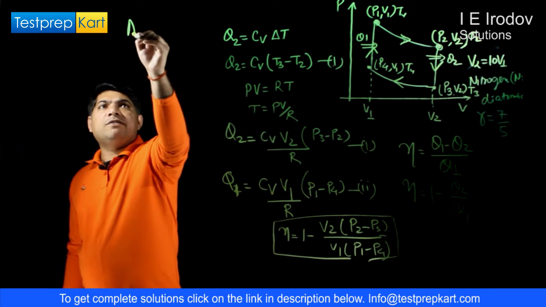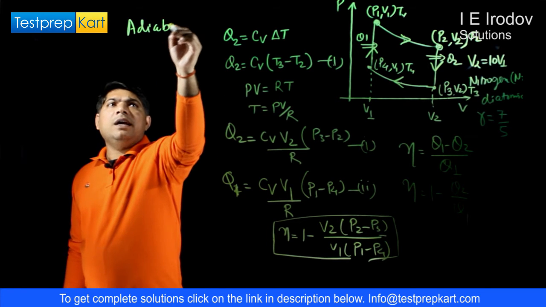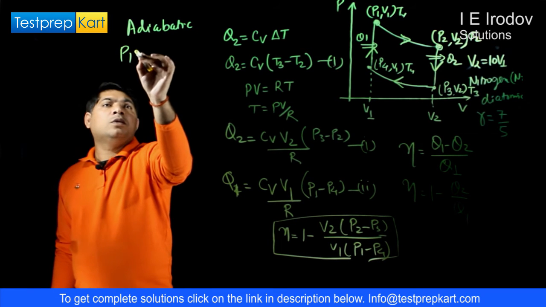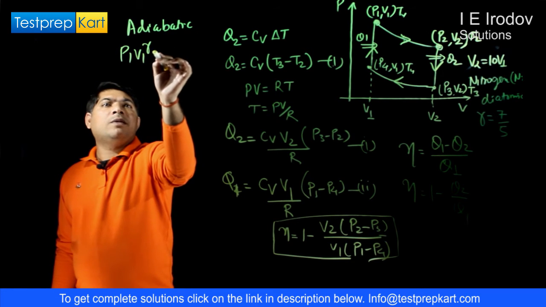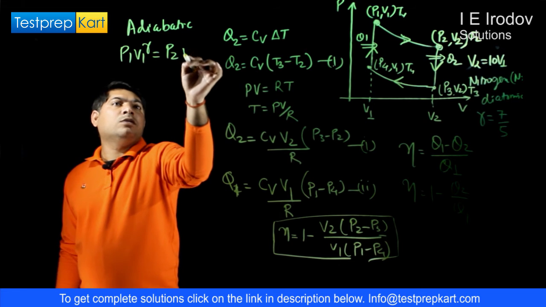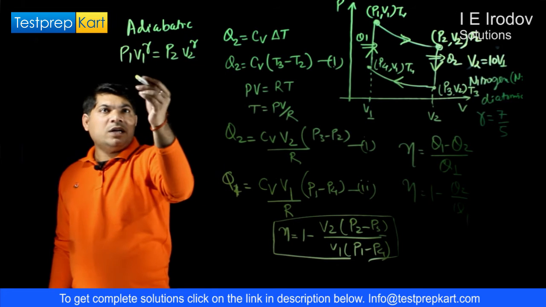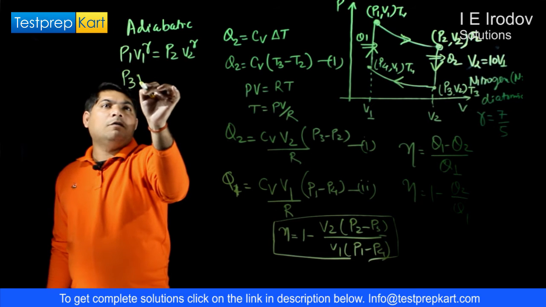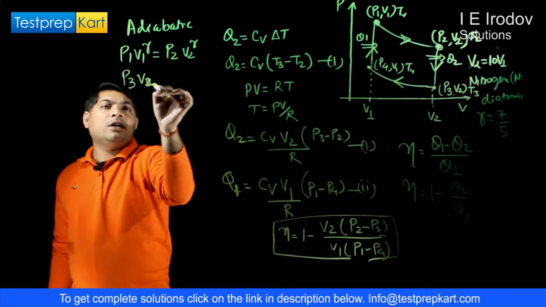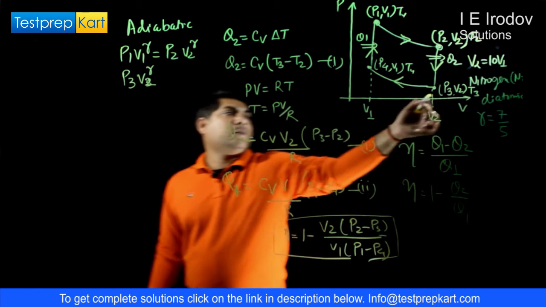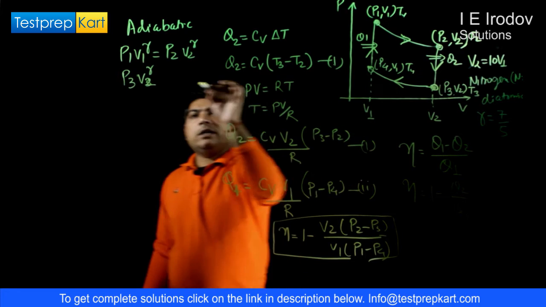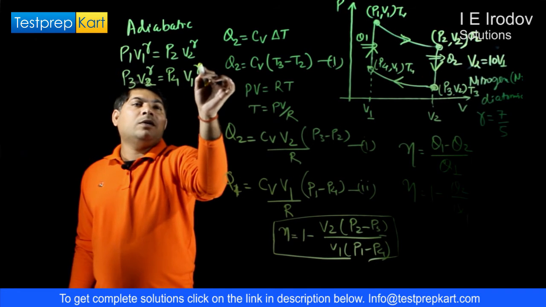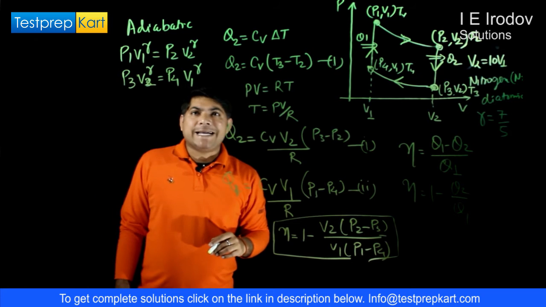So we can write for the adiabatic process P1 V1 to the power gamma is equal to P2 V2 to the power gamma, and similarly P3 V2 to the power gamma is equal to P4 V1 to the power gamma.